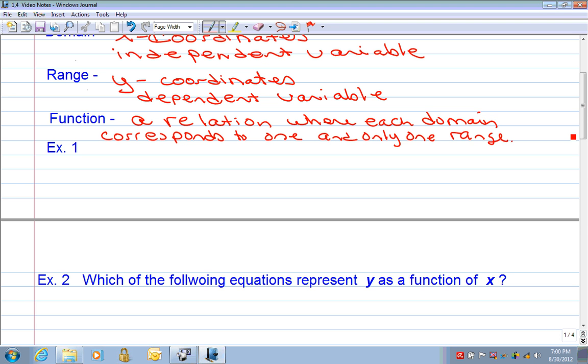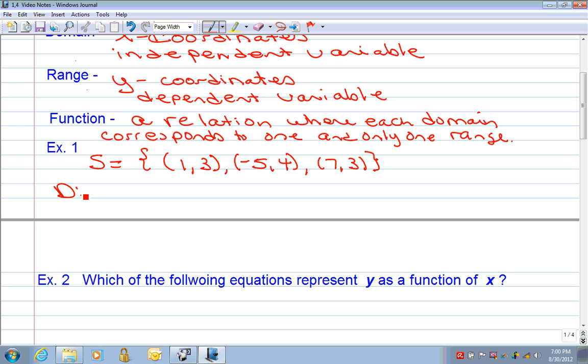All right, let's take a look at a couple of examples. What if I give you a set of ordered pairs: (1, 3), (-5, 4), and (7, 3). Let's list the domain.